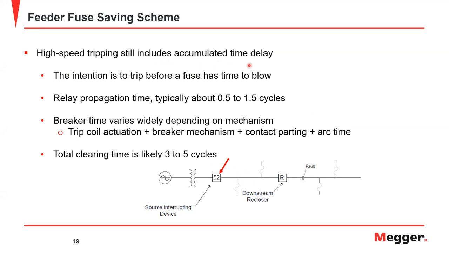Now, high-speed tripping is indeed not instantaneous. Well, it's high-speed, but it's not instantaneous. The first thing we have is relay propagation time. It varies depending on the relay, depends on the type of output contact, but generally this is the time period required for the relay to sense the fault, make a decision, and close its contact.